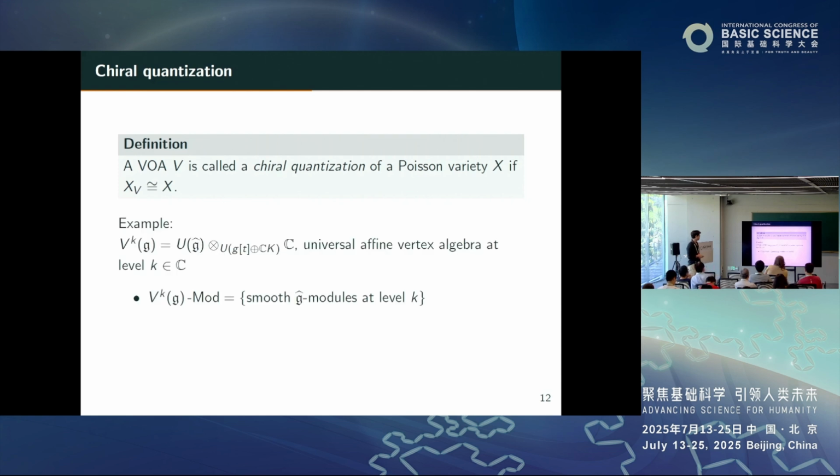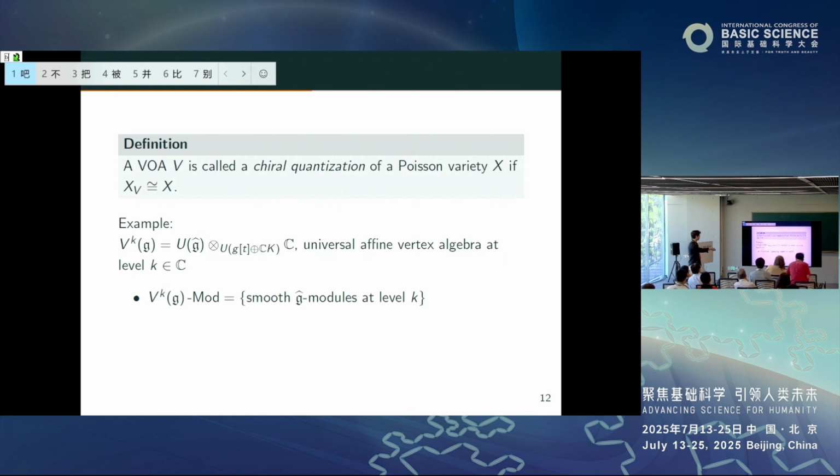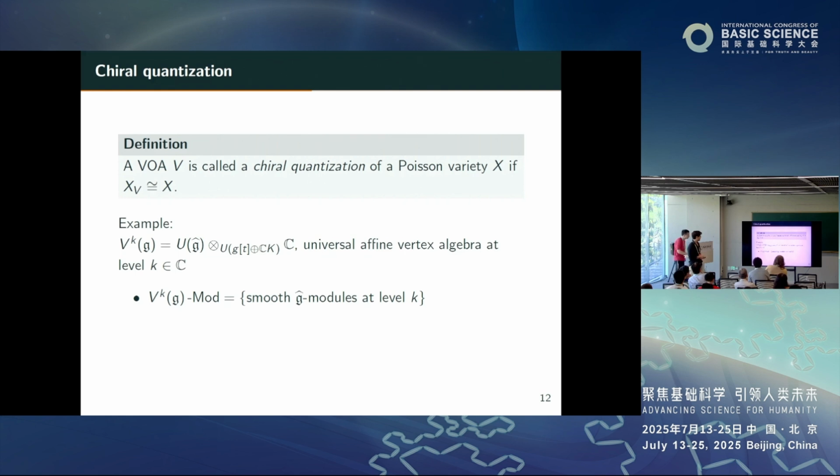A typical example is the vertex algebra associated with a Kac-Moody algebra. The induced representation starting from the Kac-Moody algebra has a natural structure of a vertex algebra, called the universal affine vertex algebra. In this case, the associated variety is just the dual of g, which corresponds to the fact that the Kac-Moody algebra is an affinization of a simple Lie algebra.